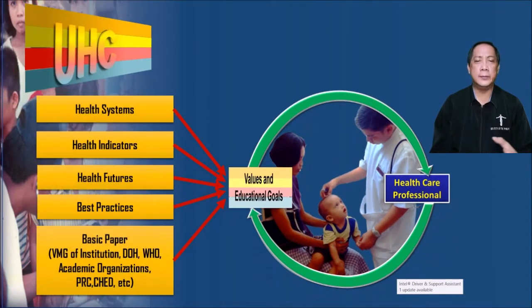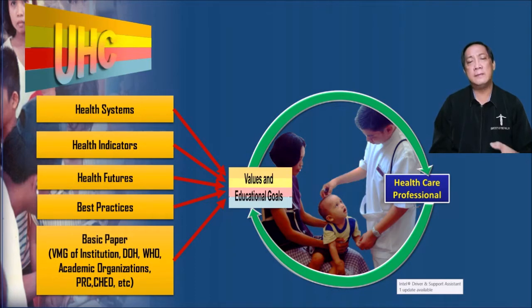So these values and all this information that we get from UHC, health systems, and all the other information about epidemiology or health statistics, health indicators, health futures, best practices, and as I said, the basic papers about our institution, basic papers from WHO, DOH, your specialty societies, PRC, CHED, they all would contribute to our own process of identifying the values and educational goals for the training program.